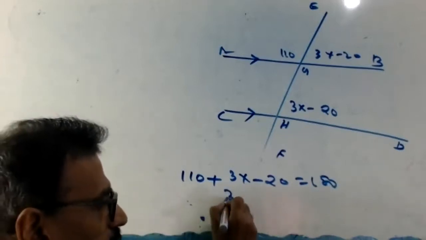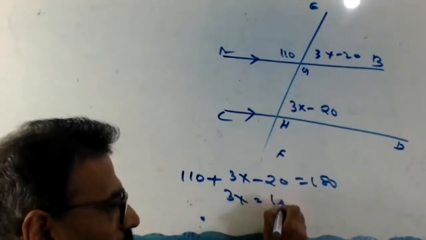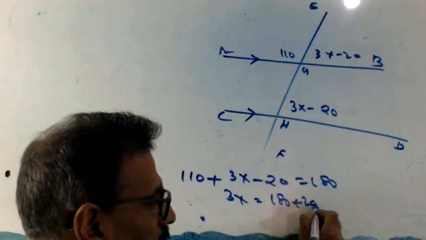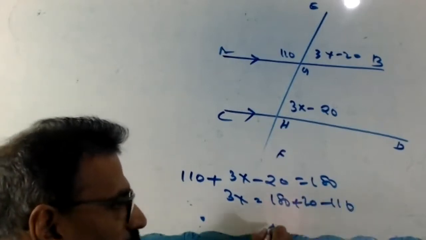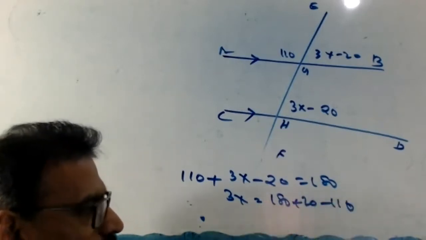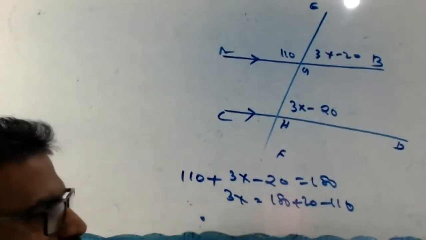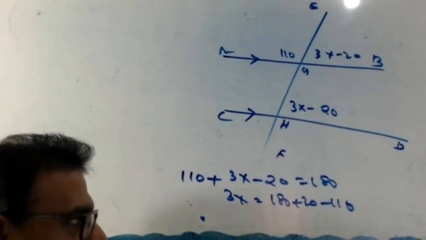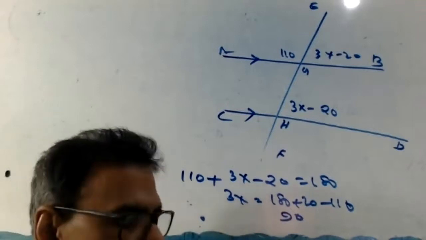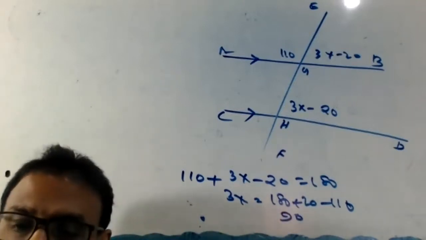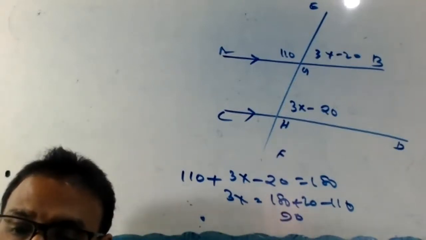So 3x equal to 180 plus 20 minus 110. How much is that? 200 minus 110, 90. So x equal to 30.